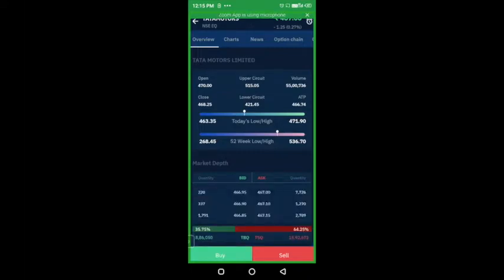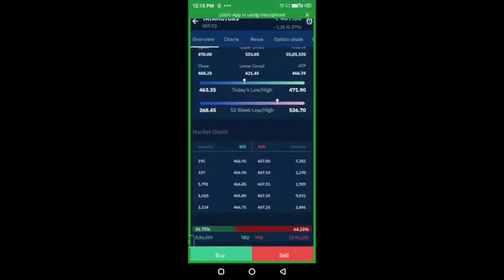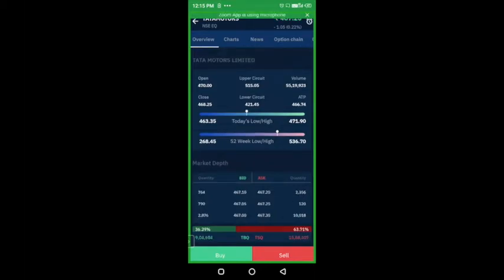Here we have the market depth. This is important. As you can see, here the number of buyers is 8 lakh. Yeah, the closing price is yesterday's price. Today, after the market closes, the closing price will be changed. So in the overview section, everything is clear, right? Opening price, these terms you should know.